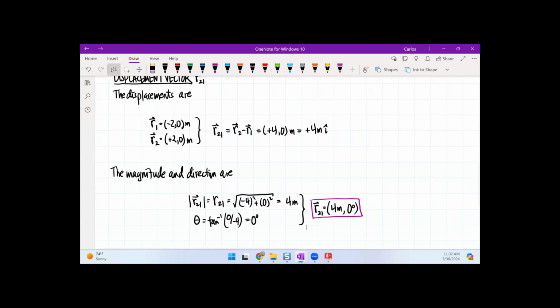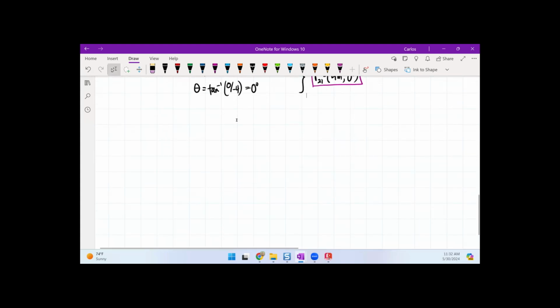Now, putting this all together, the displacement vector determines everything about Coulomb's force.